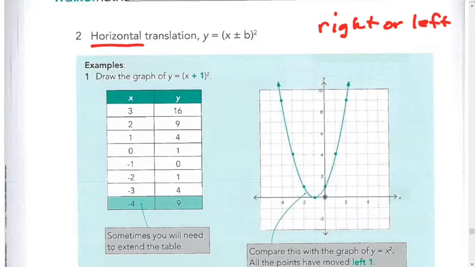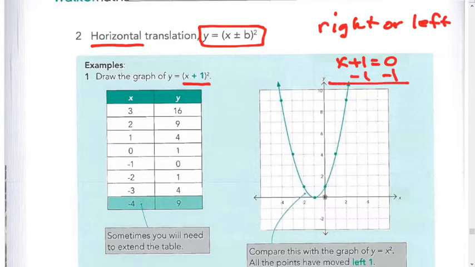But you have to remember that with these translations, because they're in their factored form, they look linear, and what's going to happen is it's going to move it right or left, but if it looks positive, like a positive 1, it's actually going to move it to the left 1. And that's easily explained if you just think about what's happening here. What we're really doing is setting the equation equal to 0 and then solving it by doing the opposite.